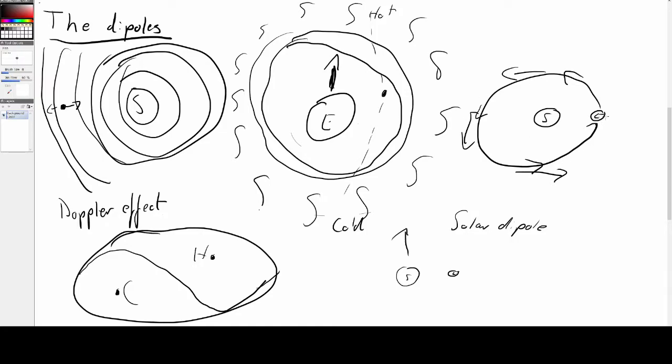So after a year, it's back to the original, but after half a year, the dipole induced by this movement is completely opposite to what it was here. This dipole is called the orbital dipole.